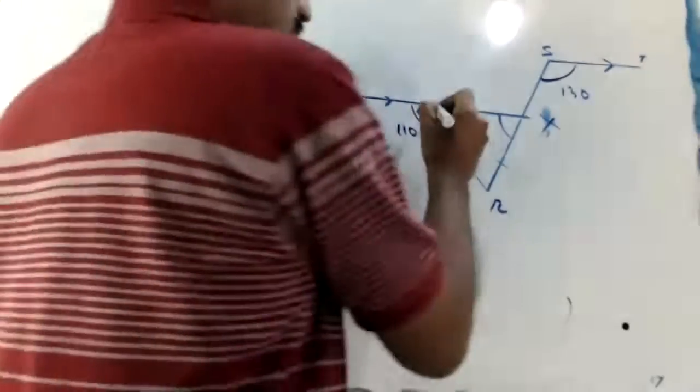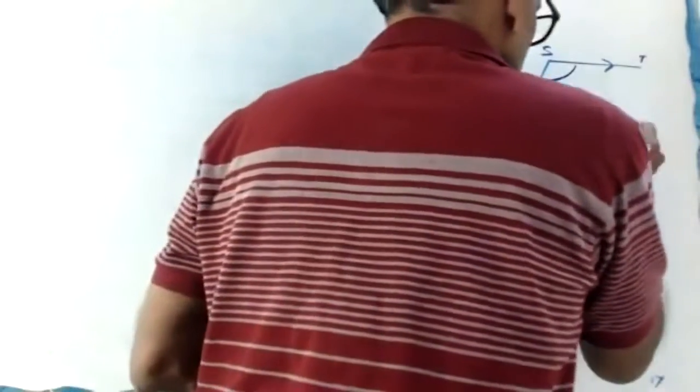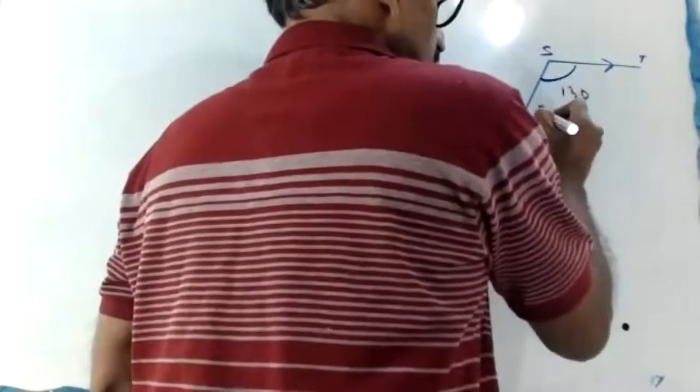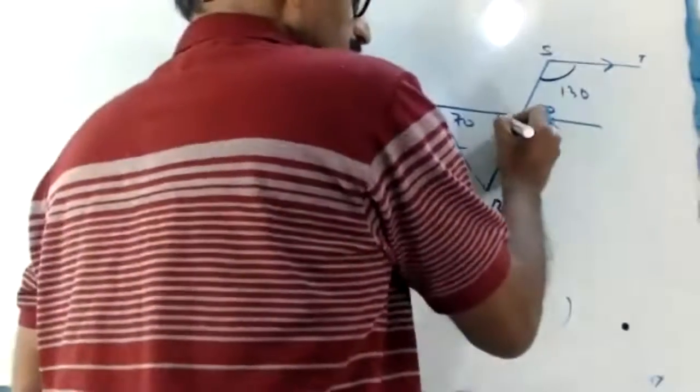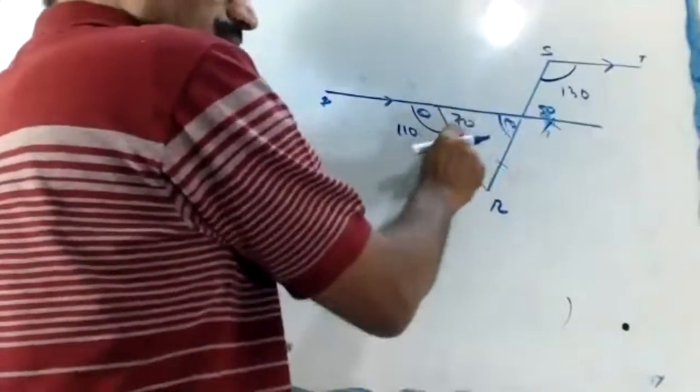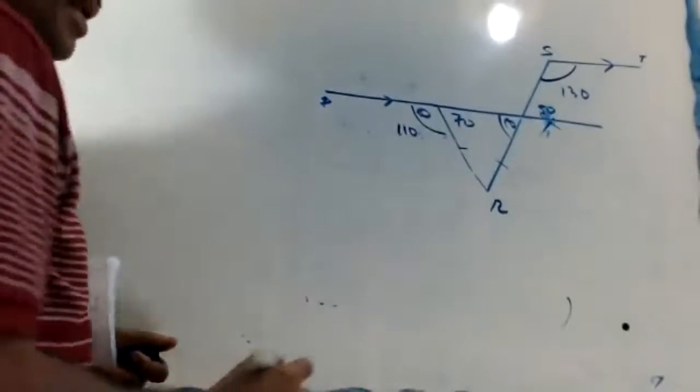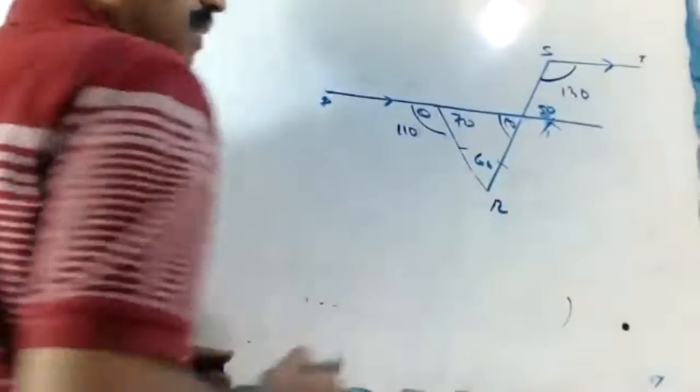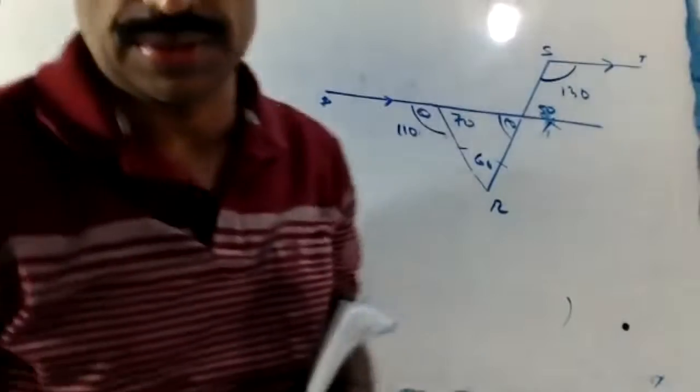Okay, listen. When we extend this one, this will be 50, right or not? So this also 50. 50 plus 70 plus 50, 120. This will be 60, like that. Finish.